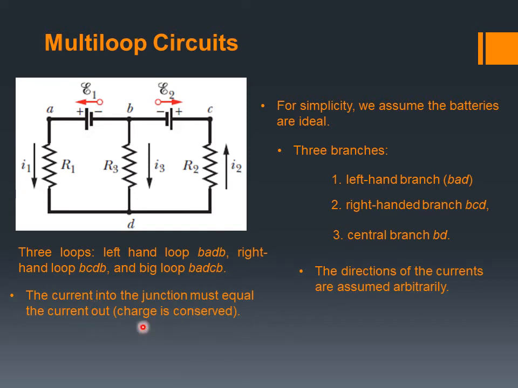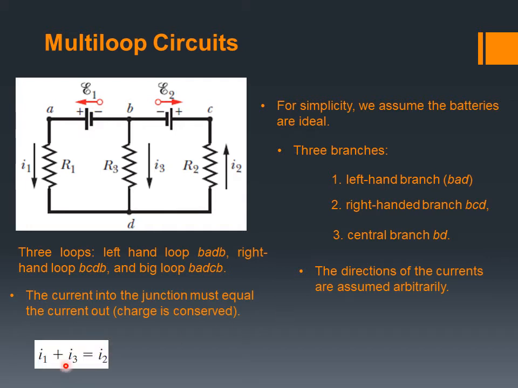This is because charge is conserved, we already know. For example, at junction B, the current entering should be equal to the current outgoing. Or at junction D, the current entering must be equal to the current outgoing.